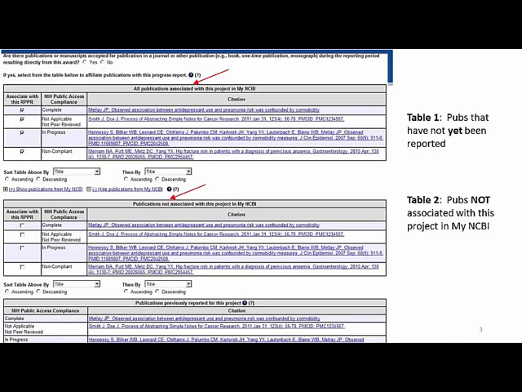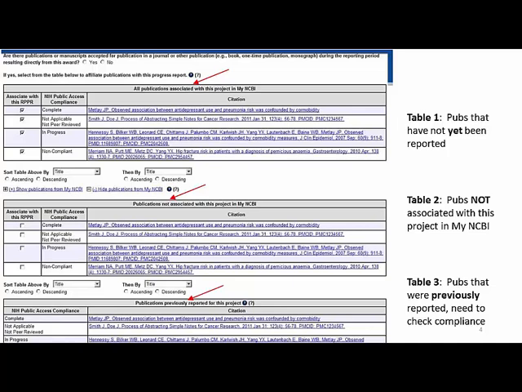So if you have a PI that has hundreds of publications, you're going to be scrolling down a lot. And if you see there on the left-hand side, that checkbox is not checked. These are not associated with this RPPR. Then the bottom part, these are all the publications that have been associated previously from previous reporting periods for the RPPR.